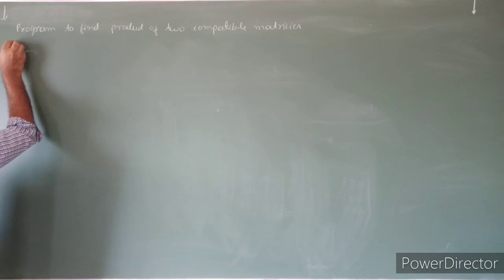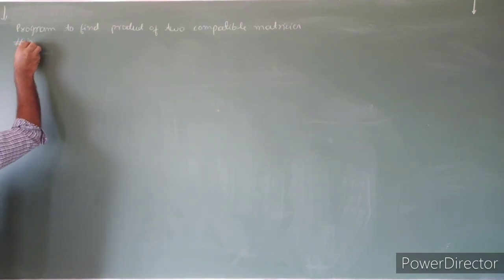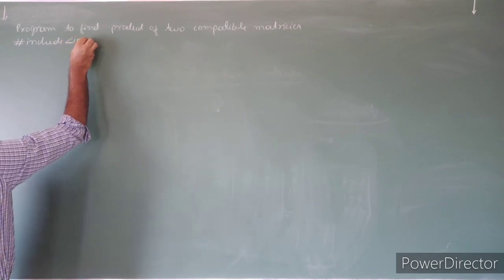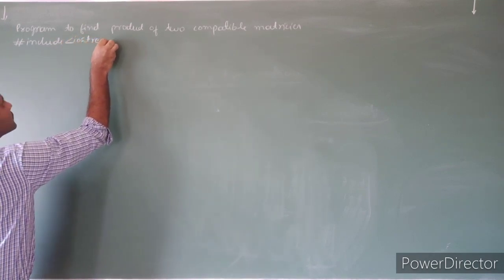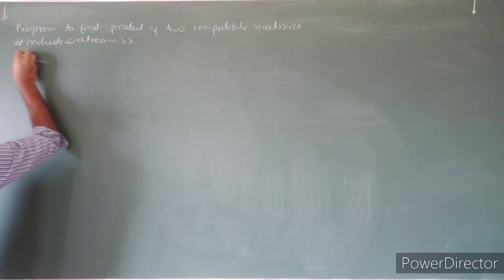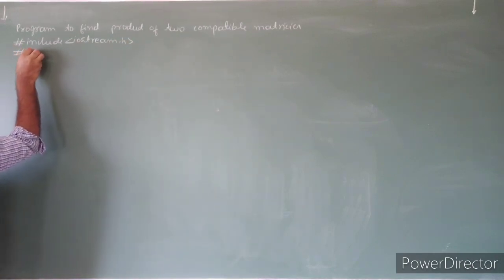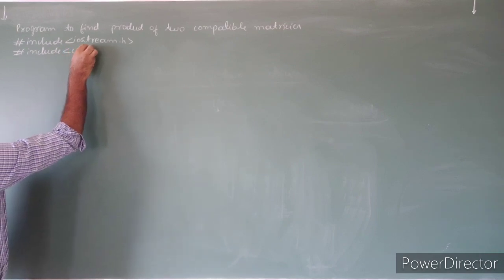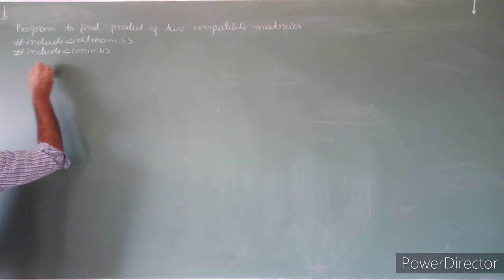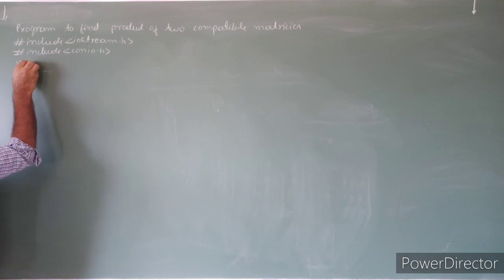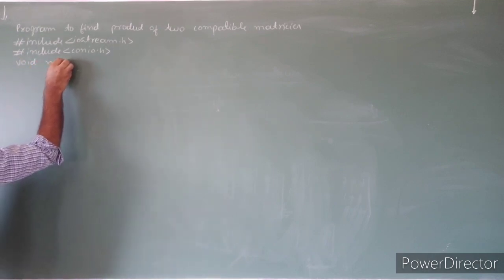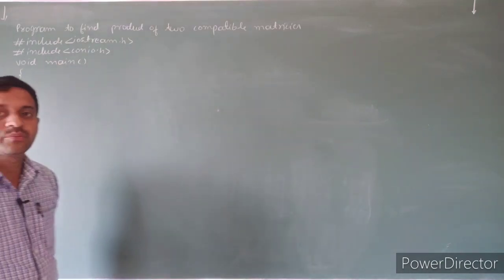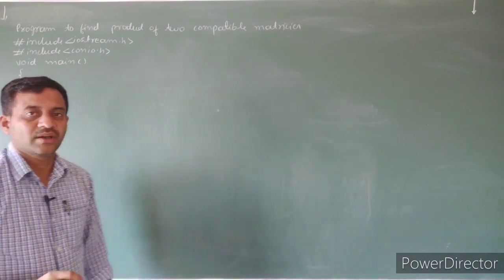Then for that write the preprocessor statements: iostream.h, conio.h. Then the main of the program. Under the main of the program, declare the variables.